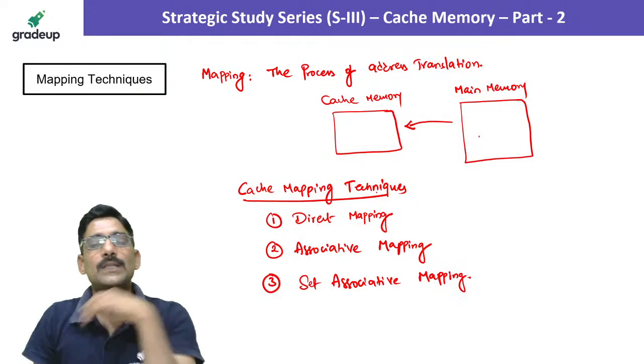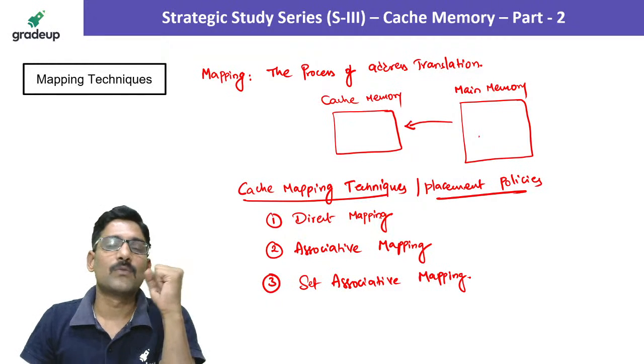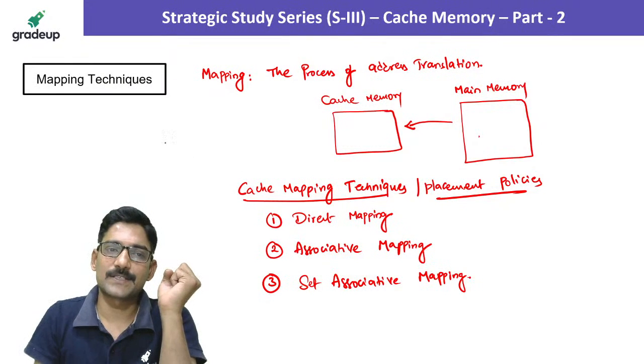Why do we call these mapping techniques also placement policies? Why? What does this placement policy say?